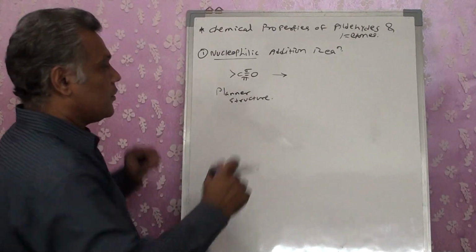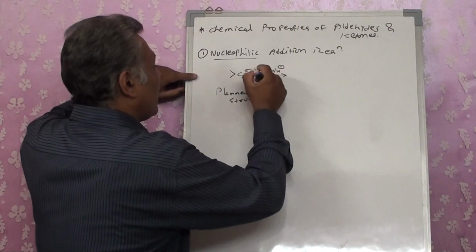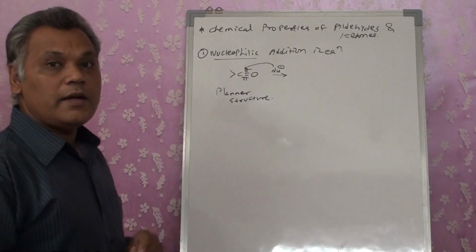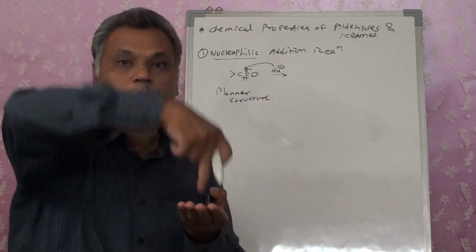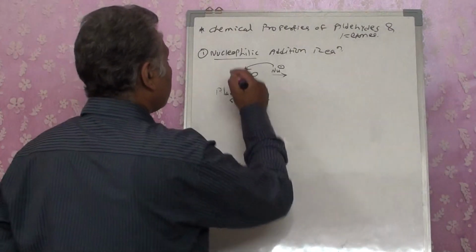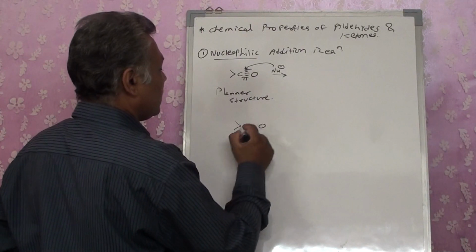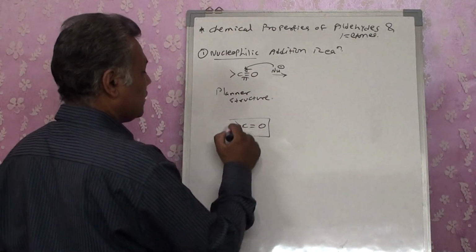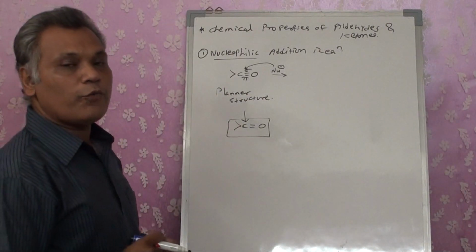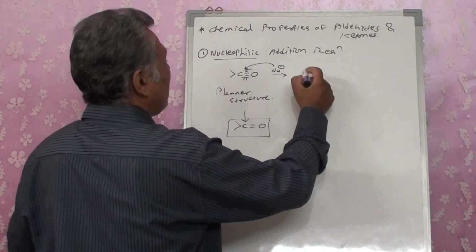In this planar structure, the nucleophile is going to attack the carbon from the perpendicular direction, perpendicular to the plane. So as a result, what will happen?